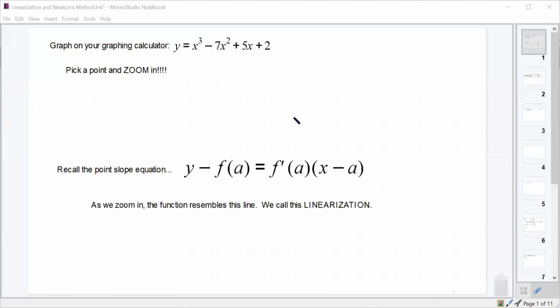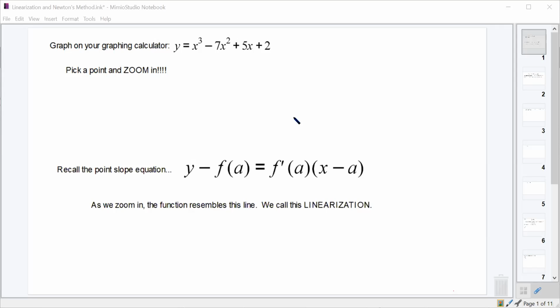We call that idea linearization. And we use this idea of linearization to approximate the value of a function at certain points by using the tangent line.